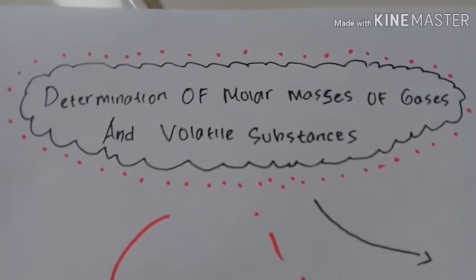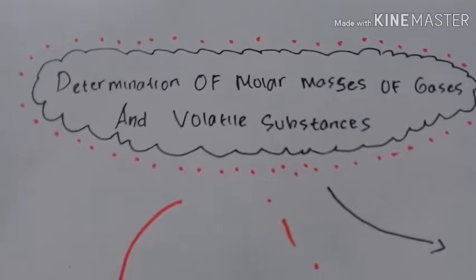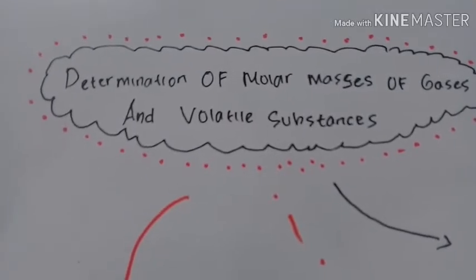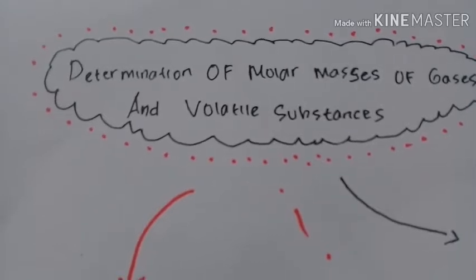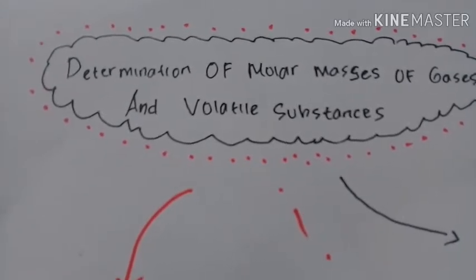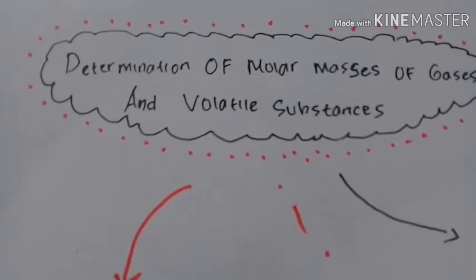The fact that the behavior of a real gas approaches that of the ideal gas as the pressure is lowered is used as a basis for precise determination of molar masses of gases.